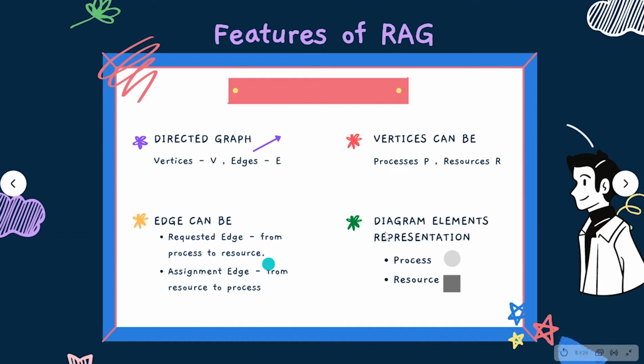The fourth feature is the diagram elements representation, which is processes are represented by circles and resources are represented by rectangles.